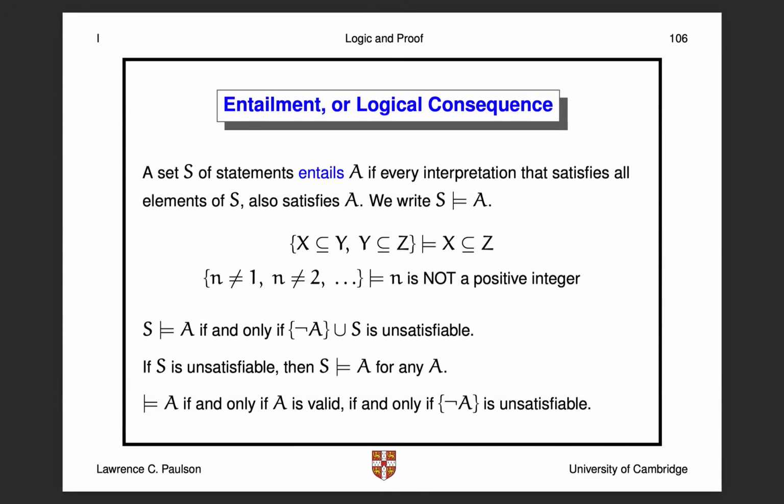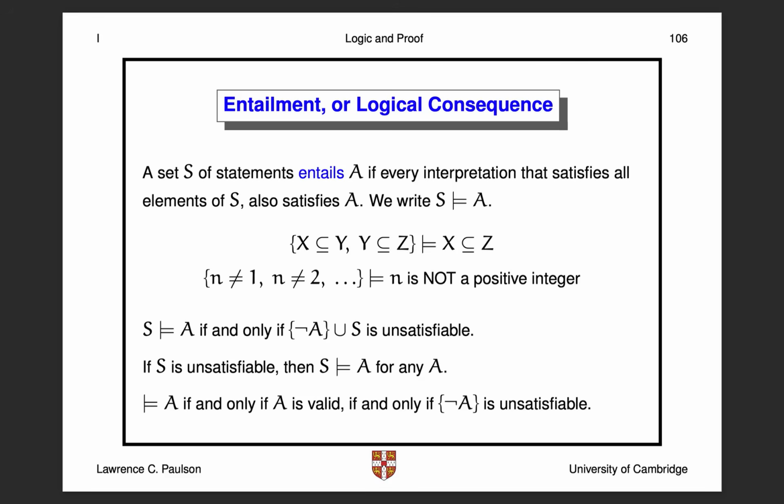From satisfiability, we get the notion of entailment, also called logical consequence. So here we say that a set S entails A if every interpretation satisfying S also satisfies A. You might be tempted to call this implication, but please don't.